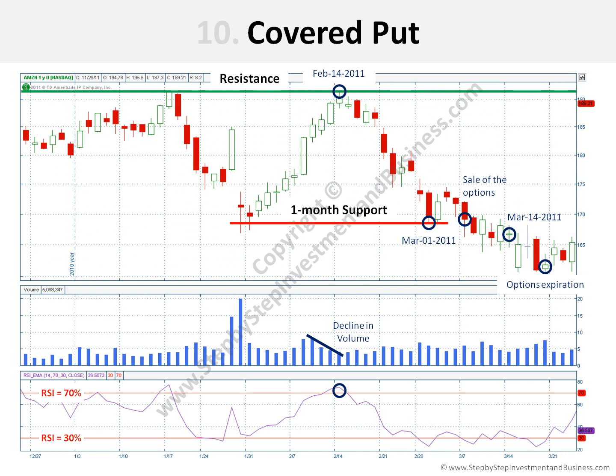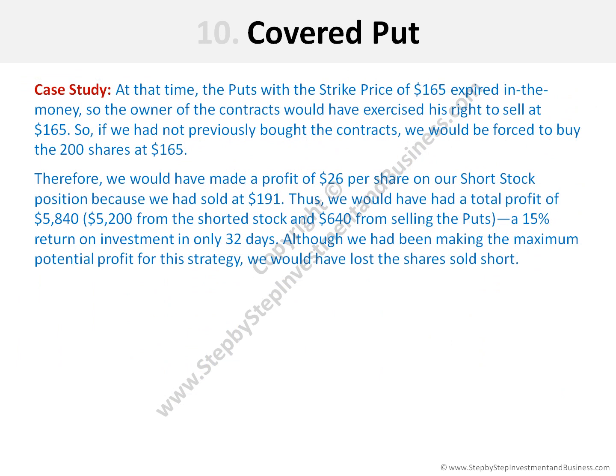At that time, the puts with the strike price of $165 expired in the money, so the owner of the contracts would have exercised his right to sell at $165. So if we had not previously bought the contracts, we would be forced to buy the 200 shares at $165.